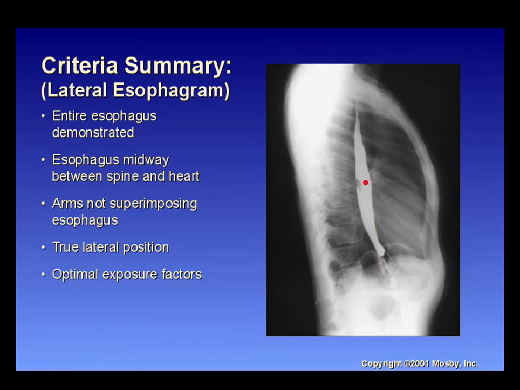True lateral position is going to place that esophagus anterior to your vertebral bodies. It's going to make a better picture. Sip and swallow when you make that exposure. You want the arms to not superimpose the esophagus. True lateral position, you can see that by the intervertebral foramen, the overlaying ribs, the well visualized vertebral bodies.